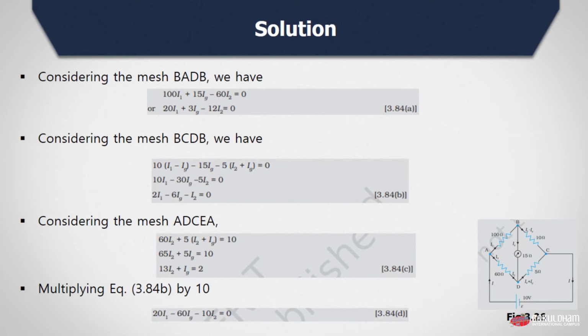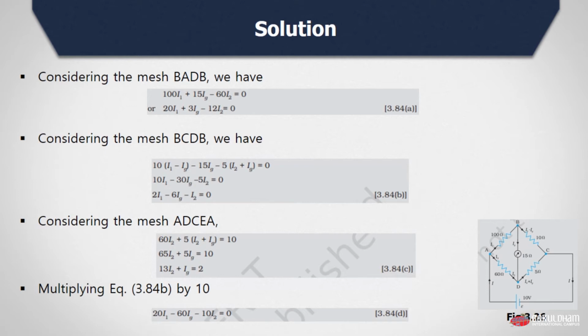We multiplied 5 with I2 and got 5 I2 plus 5 Ig, and when we add 5 I2 with 60 I2, we get 65 I2 plus 5 Ig equals 10. By factoring the equation, we get 13 I2 plus Ig equals 2, which is our equation 3.84c.